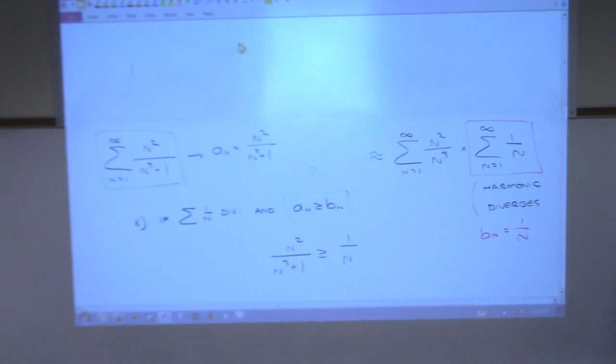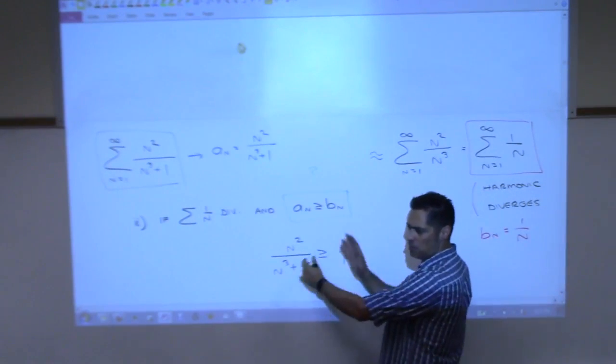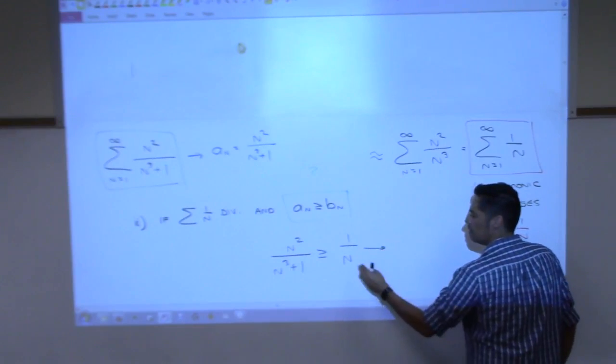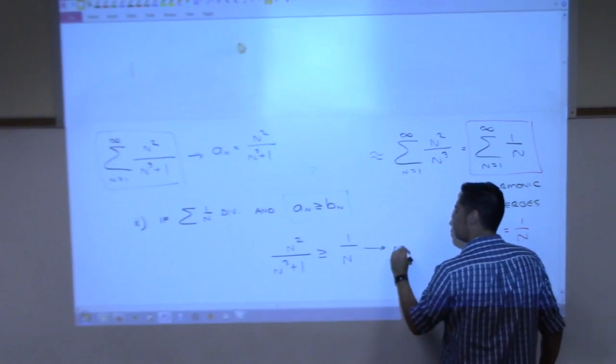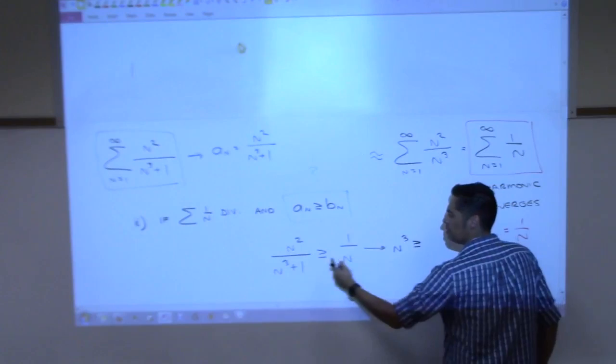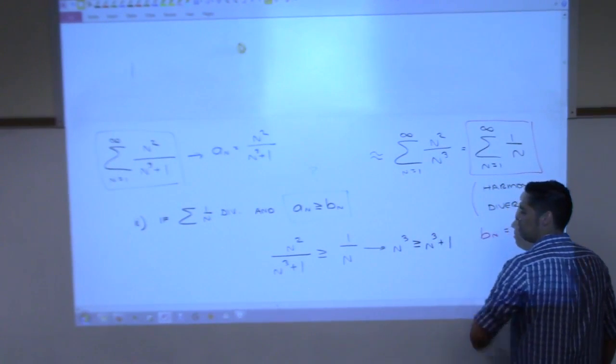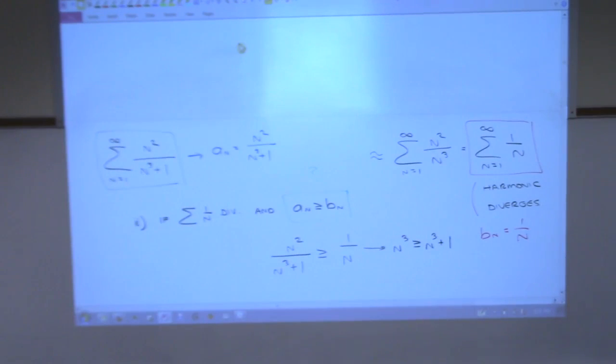What you cannot do right now is just start plugging in numbers and checking. You actually have to algebraically determine this. So how about we do clearing of fractions, kind of like the cross multiply thing? If we do that, what would we get? Multiply n up there, you get n cubed bigger than or equal to n cubed plus 1. Subtract n cubed on both sides.